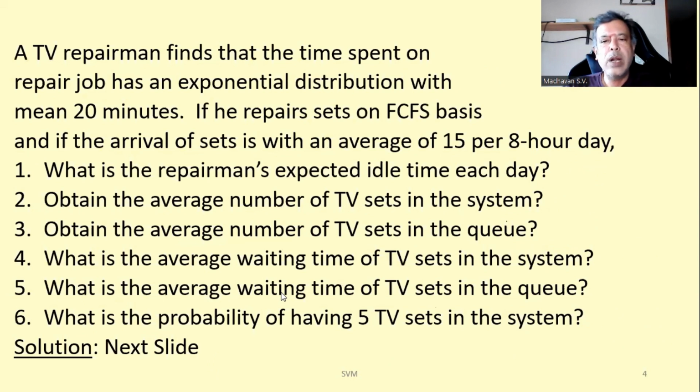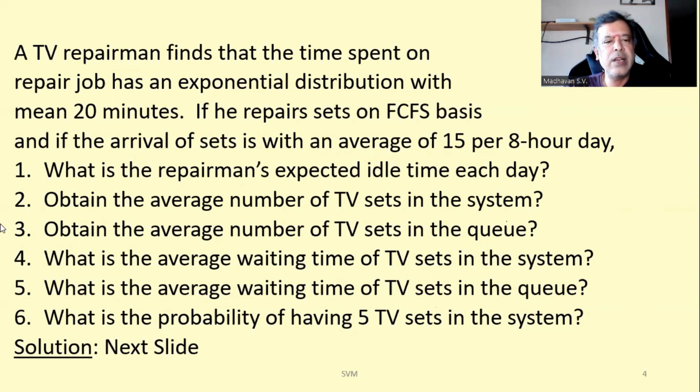Now we will do one numerical problem related to this particular model. A TV repairman finds that the time spent on a repair job has an exponential distribution with mean 20 minutes. If he repairs TV sets on a first come first serve basis, and the arrival of sets is with an average of 15 per 8-hour day, what is the repairman's expected idle time each day?